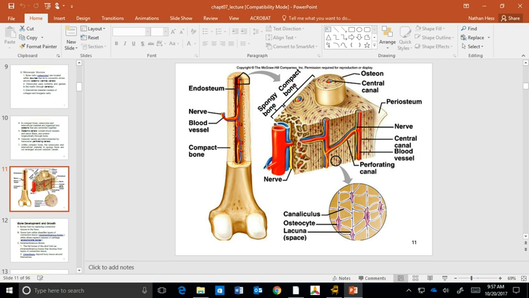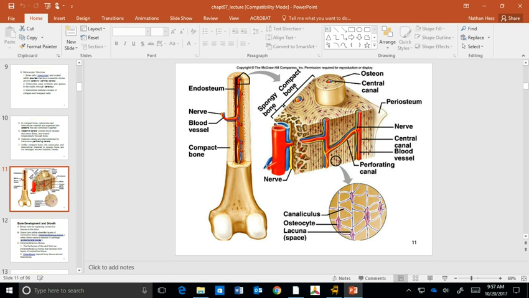So that's our compact bone. Our spongy bone, which they don't really show you too well: instead of being in these osteons, the cells lie in things called trabeculae. They get their nutrients just from diffusion, from the blood that runs down the middle.